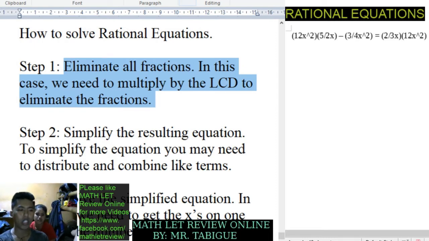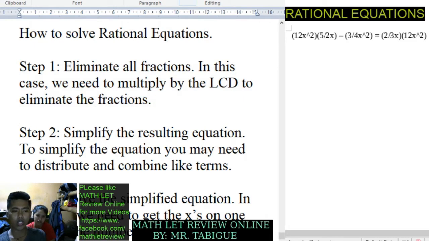Then after we eliminate the fractions, we simplify by distributing. At some point we can use the distributive property of multiplication, so we can use the FOIL method.